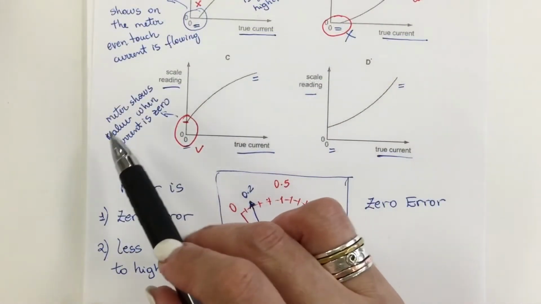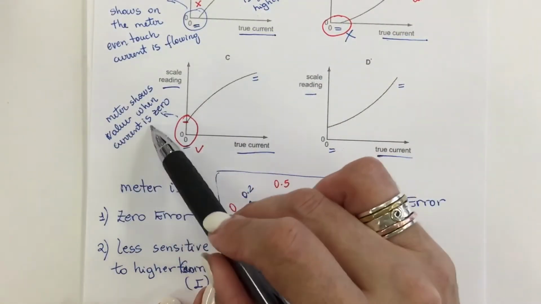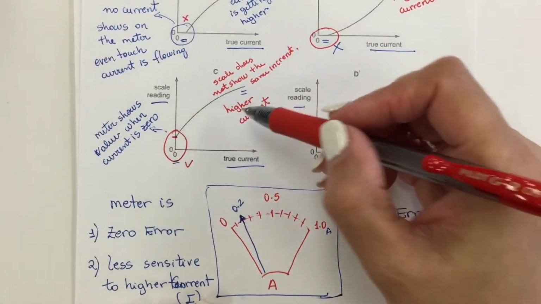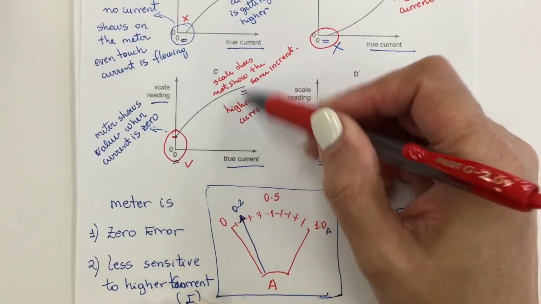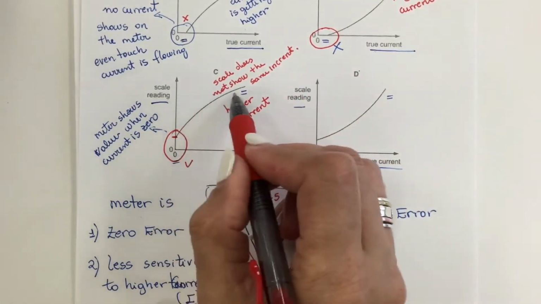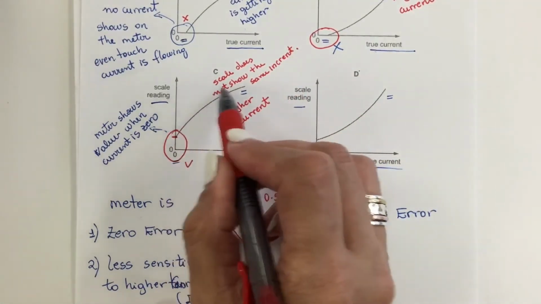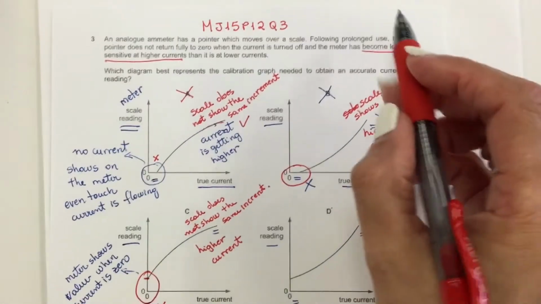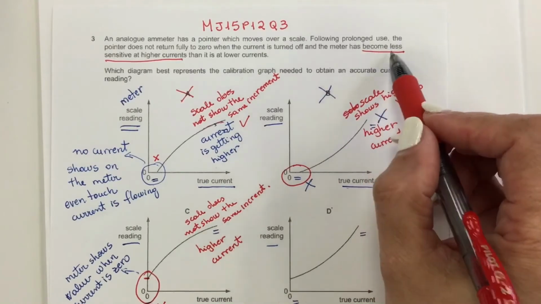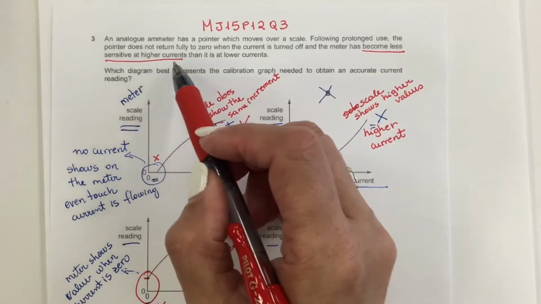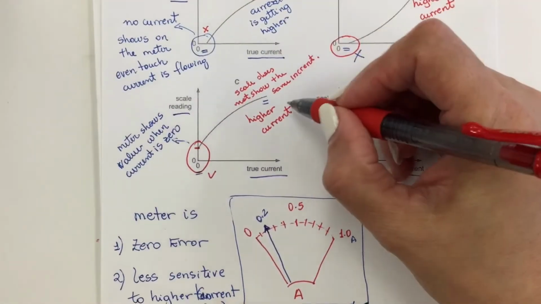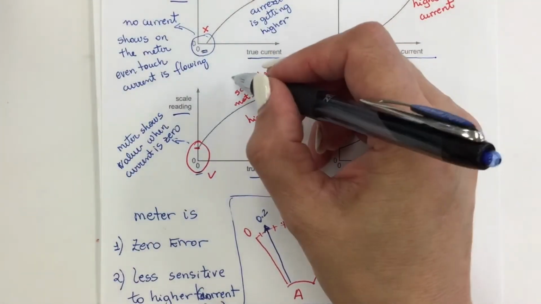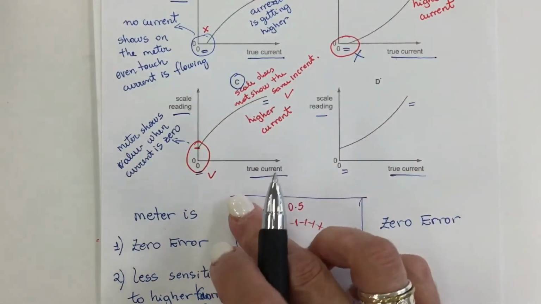As a side note, the meter shows a value when current is 0. The other end of the graph shows that higher current is not showing the same increment on the scale, on the meter, which corresponds to this statement: the meter becomes less sensitive at higher current. So this end is correct. So it looks like option C is the one that is correct.